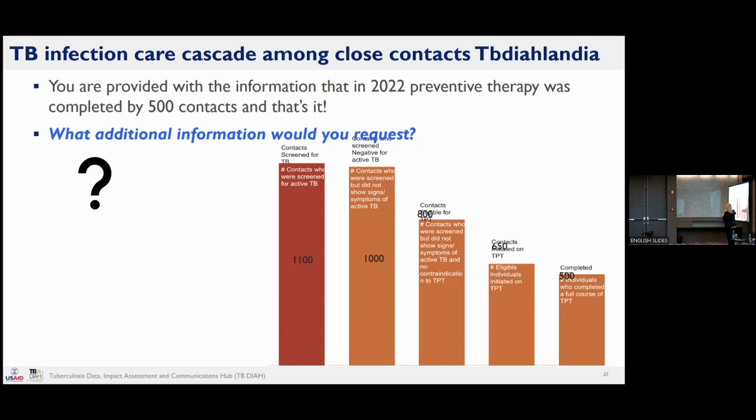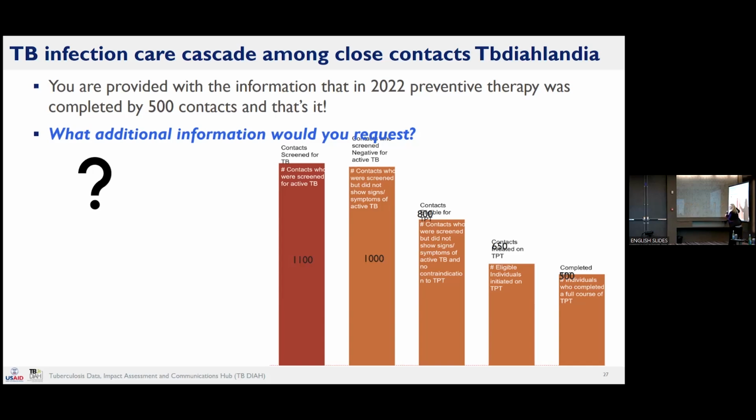And we had 1,100 contacts that were screened for TB. Out of those 1,100, 1,000 were negative. Just one clarification, please. So we exclude active TB, but if there is infection, we can recommend preventive treatment.